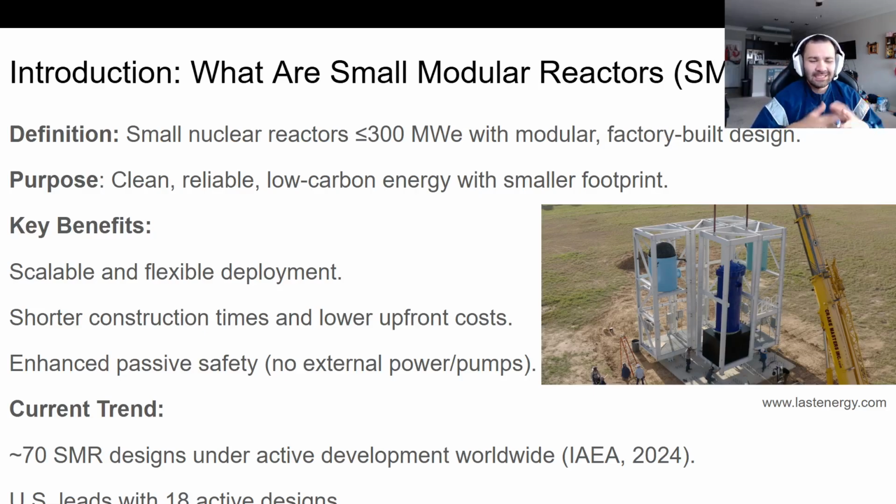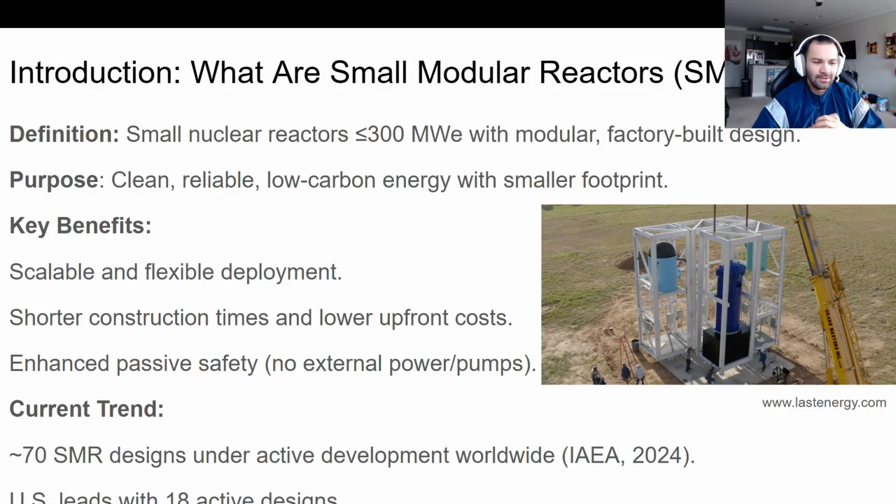The key benefit of SMR versus your traditional nuclear reactor or power plant is they're scalable and very flexible in deployment, right? They have shorter construction time, lower upfront costs, and enhanced passive safety, right? So theoretically, they should be safer than your traditional plant, so that you won't see as much of a meltdown, theoretically speaking, right?